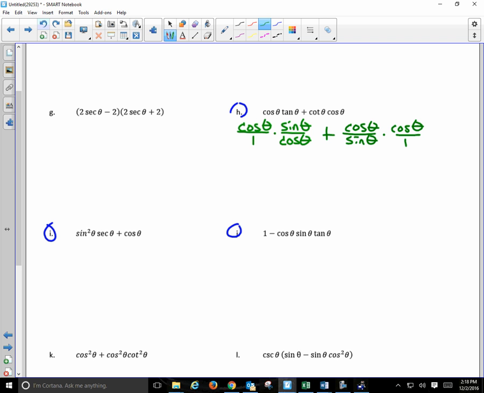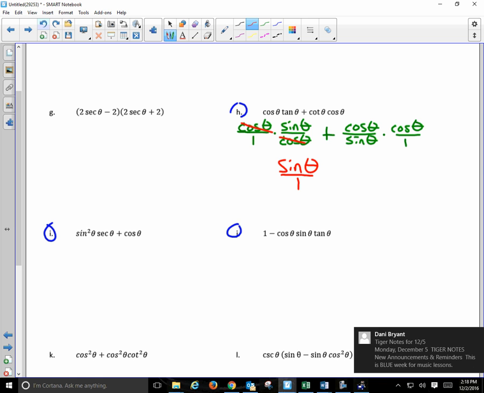Something cancels, right? Nothing in the middle, but the cosines cancel. And so I can rewrite this as sine of theta, and I'm going to write it over 1, and you're going to see why in a second here.